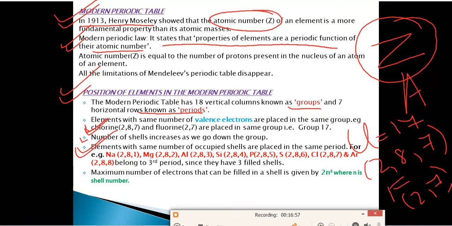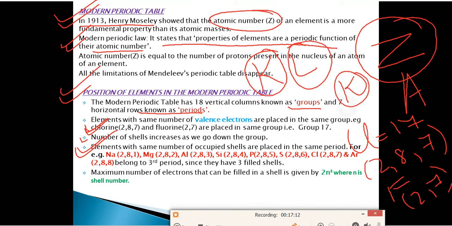Elements with the same number of occupied shells are placed in the same period. Now how can we predict which element is present in which period? Suppose an element has 2 shells, K and L. So it is present in the second period. Suppose an element has only 1 shell, that is the K shell. So that element will be present in the first period. So the number of shells tells you about the period of the element.